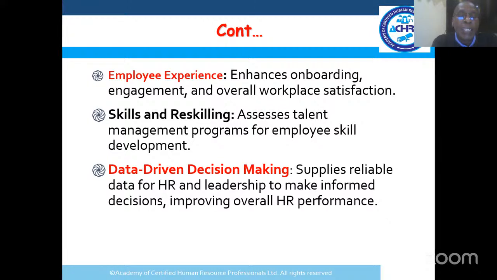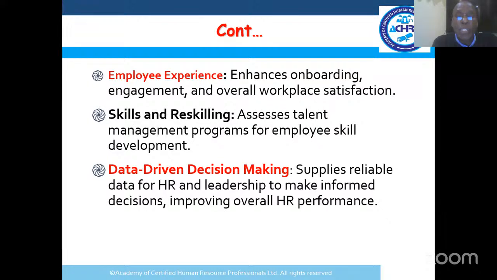The other one that I've highlighted is data-driven decision-making. We cannot make decisions today without data. For example, in recruitment, as a function of HR, we make decisions based on the data that we have. One of the areas in which we need data in recruitment is job descriptions.